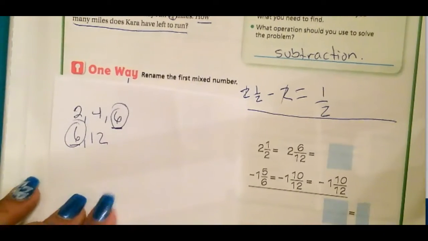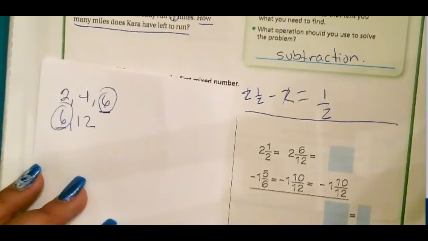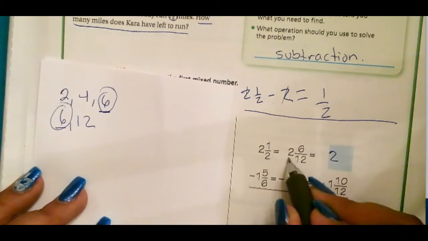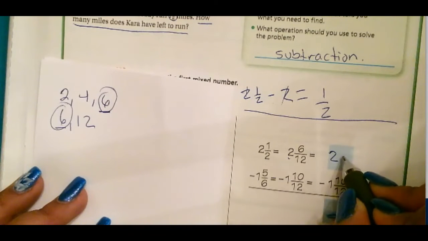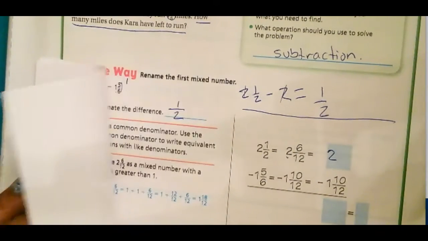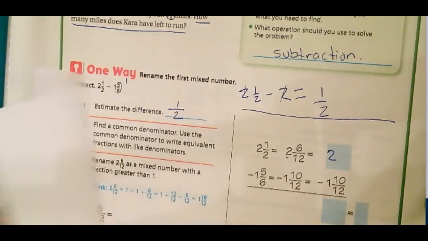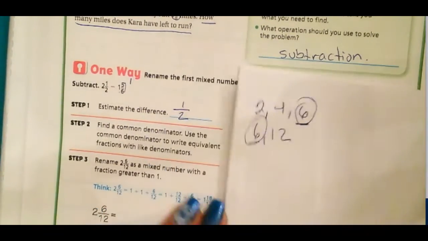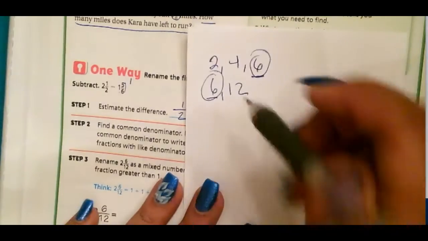So because my common denominator is 6, I'm going to write it here. I'm going to carry over the whole number. This is my whole number, and my denominator will be 6. Well, in this case, they gave us a different number, so we could just keep going. Okay, take that back, just so that we can follow the same example.